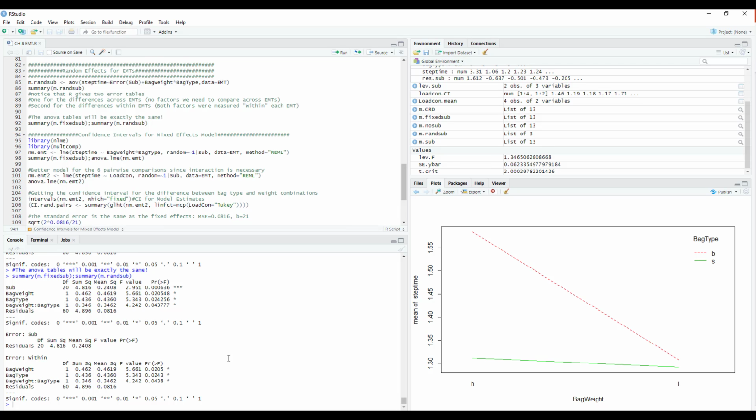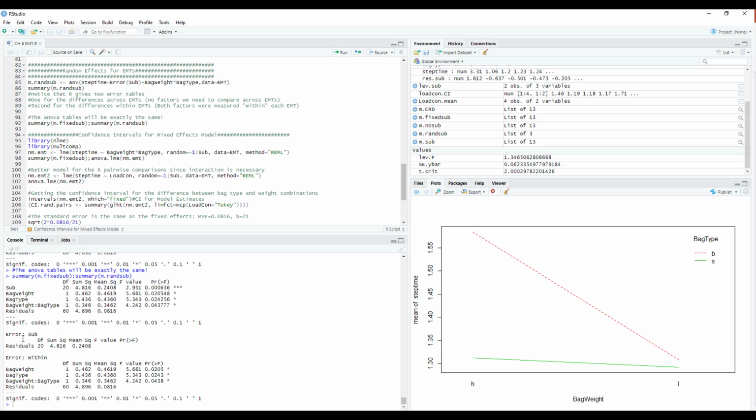And R is pretty smart. It knows that since each one of the treatments were inside of each EMT, we want to put the effects of our factors inside of the error ANOVA table instead of the EMT ANOVA table. When we're doing the nested effects, if each EMT was measured 4 times under the same treatment condition, then these would have been up here in this table.